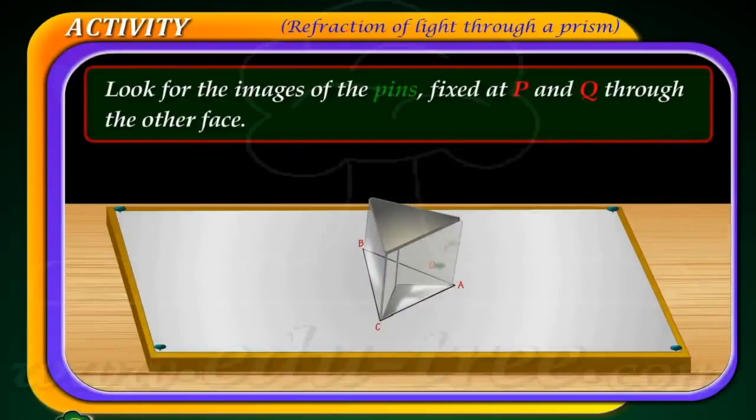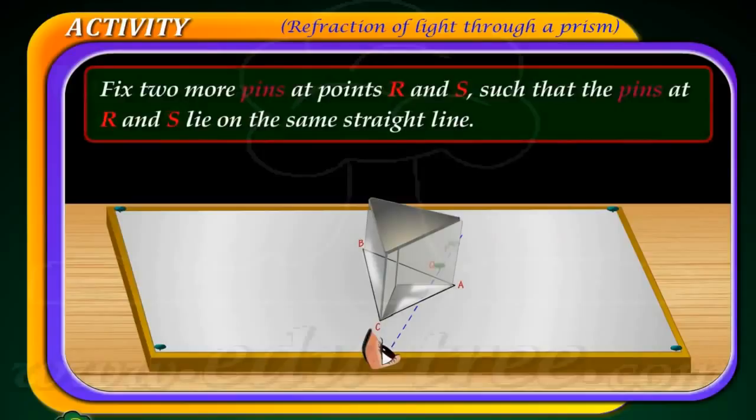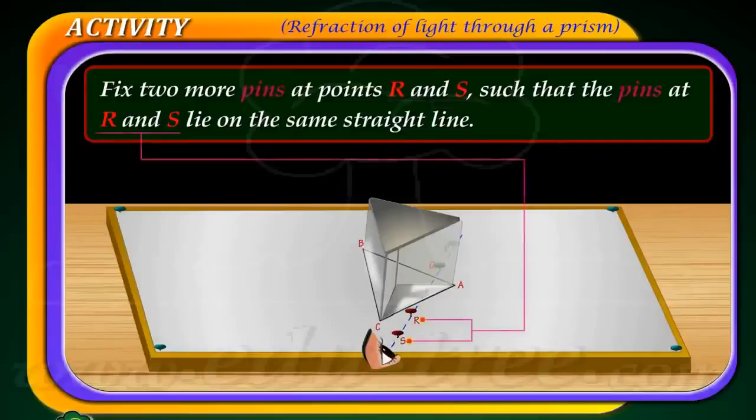Look for the images of the pins fixed at P and Q through the other face. Fix two more pins at points R and S, such that the pins at R and S lie on the same straight line.